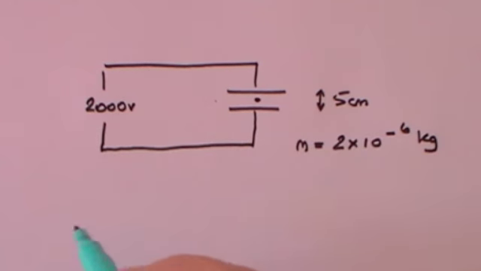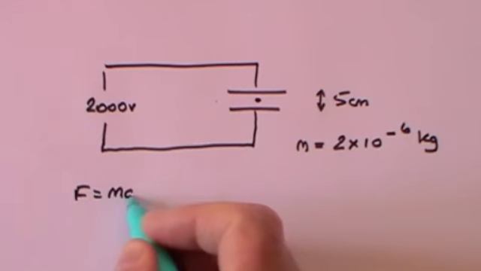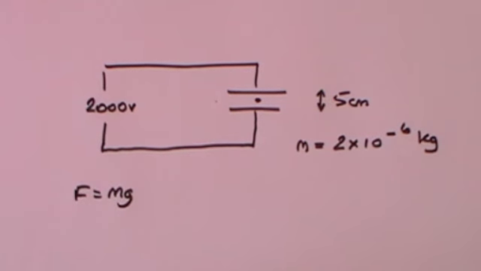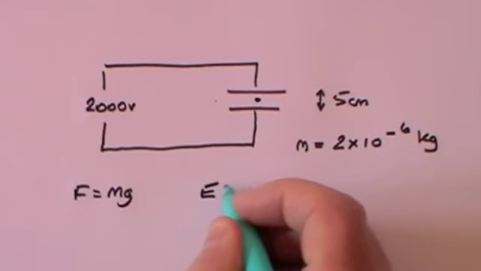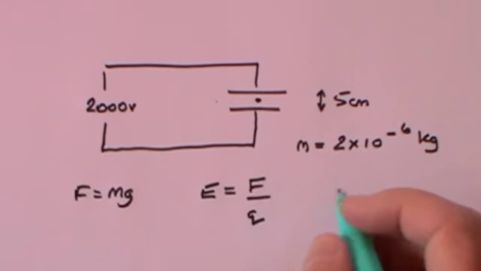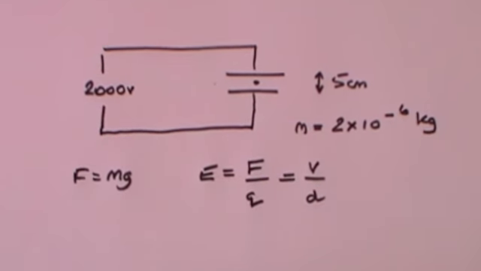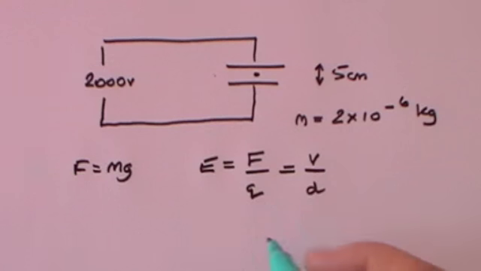Well, what are those two forces? Well, the gravitational force acting downwards is simply going to be mg, the mass of the oil drop, times g, gravity. What about the force acting upwards? Well, we know that the electric field is equal to the force per unit charge, and it's also equal to volts divided by distance. So consequently, we can get that the force is equal to VQ divided by distance.